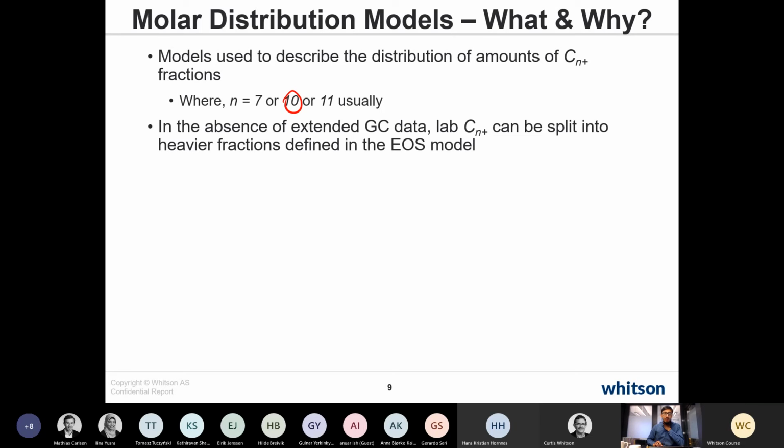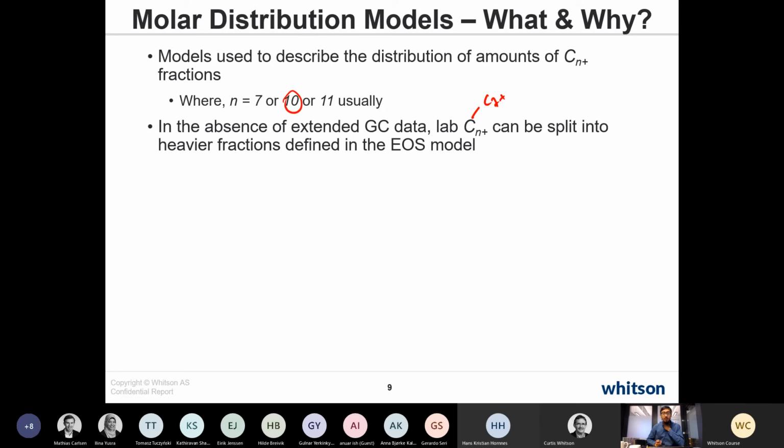In the absence of extended GC data, which was the case in the 1980s, we only had this Cn plus as C7 plus. We didn't have any more resolution on the heavier ends.